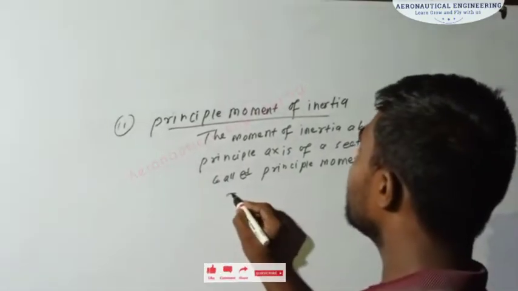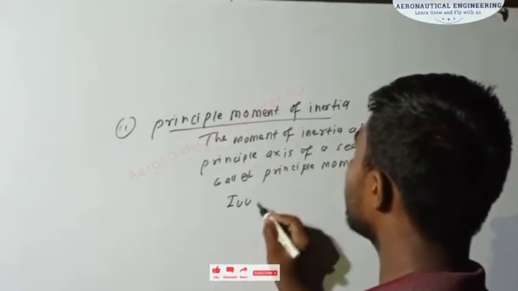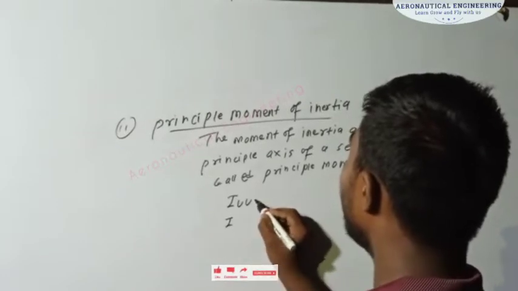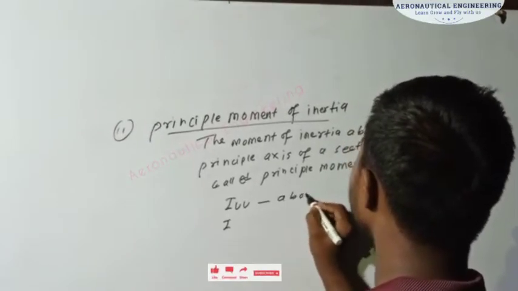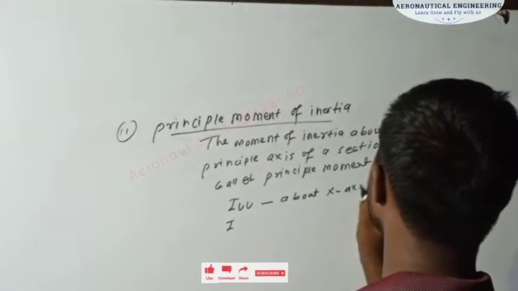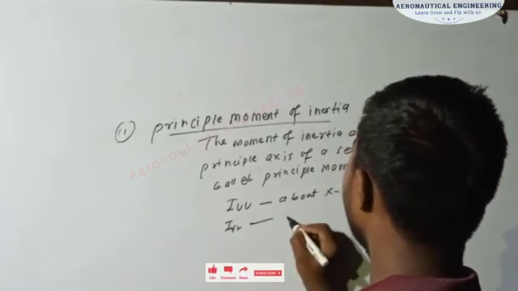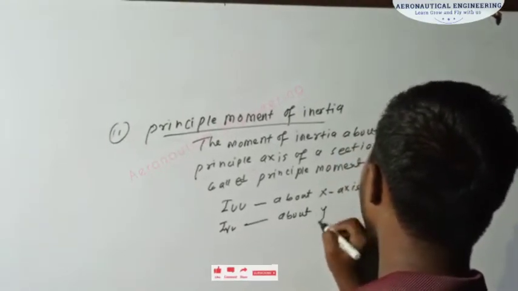Generally we represent the principal moment of inertia as Iuu about the x-axis, and Ivv about the y-axis.